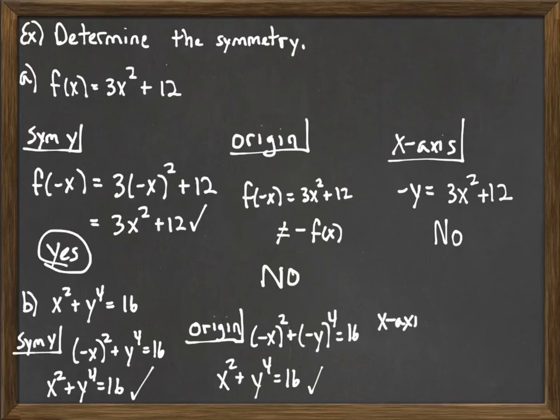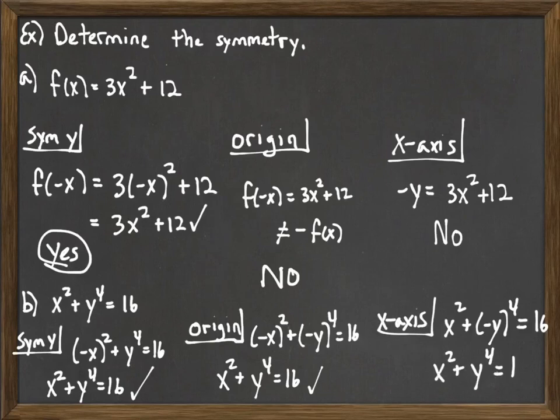And then finally, testing symmetry about the x-axis. Remember, the condition is replace y with negative y. If we can get back to the original equation, we have that symmetry. And so as we can see here, we do in fact have symmetry about the x as well. We have symmetry for all three in this case.